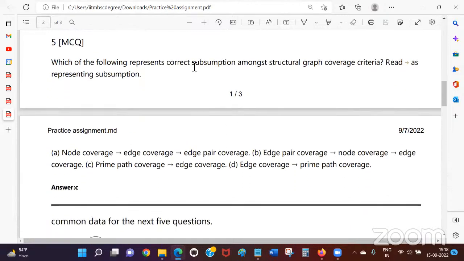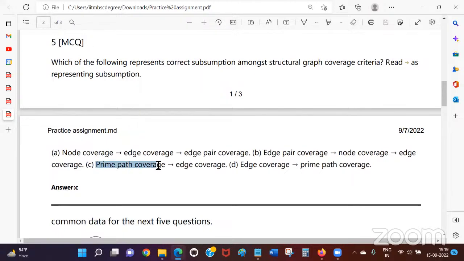So this is the subsumption criteria, what I was calling the covering. Node coverage subsumes, or is covered by, edge coverage, and edge coverage subsumes edge pair coverage. This is the subsumption symbol.